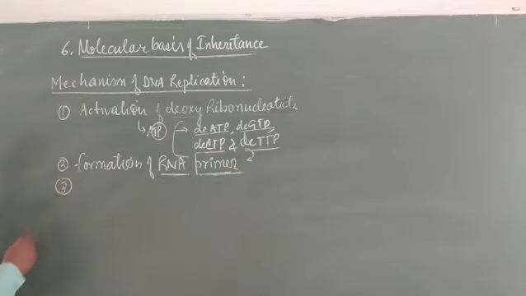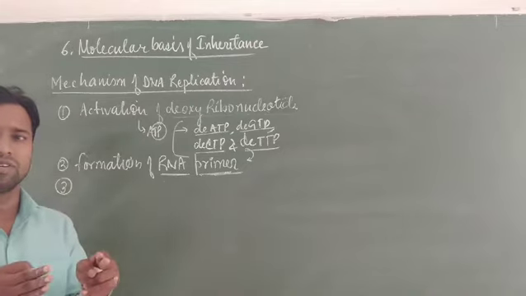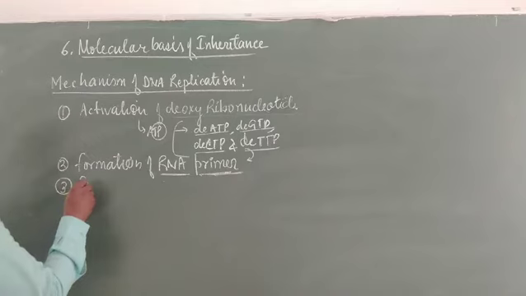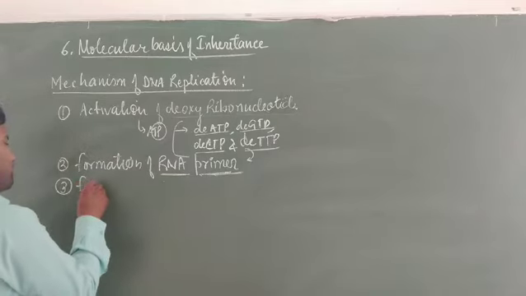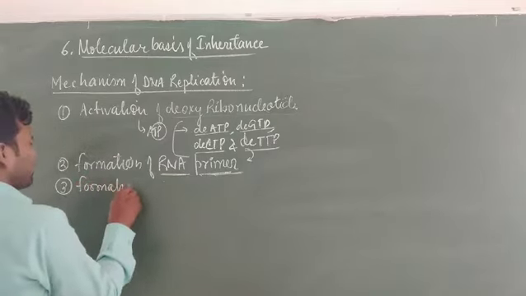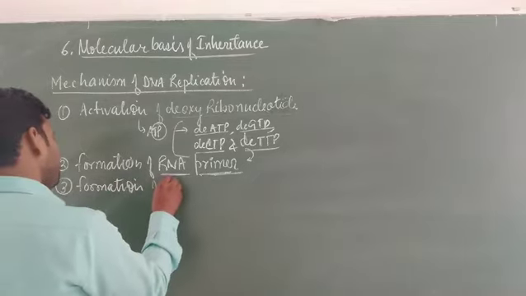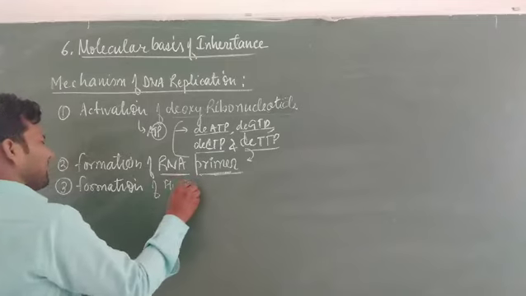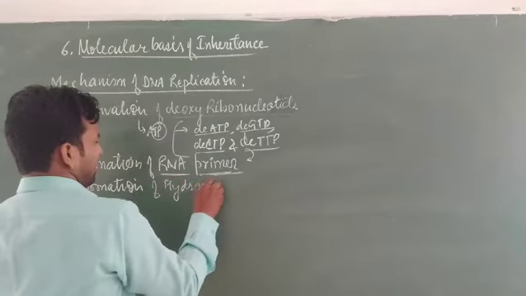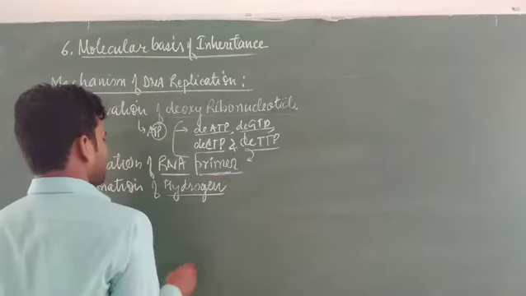The third step under this category is the formation of hydrogen bond. Where the RNA primer is replaced, the activated deoxyribonucleotide goes and replaces the RNA primer, and they join with the DNA strand one by one.